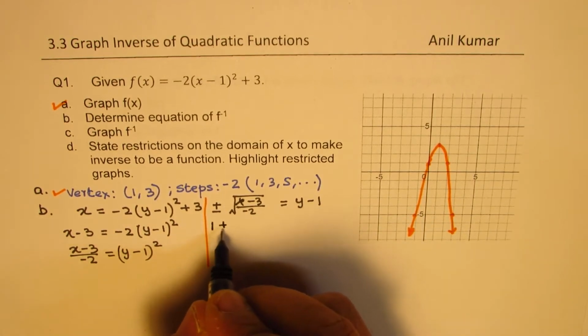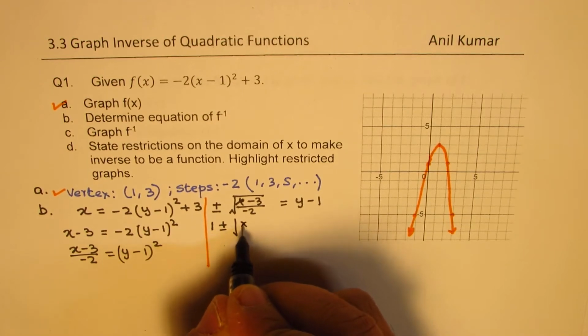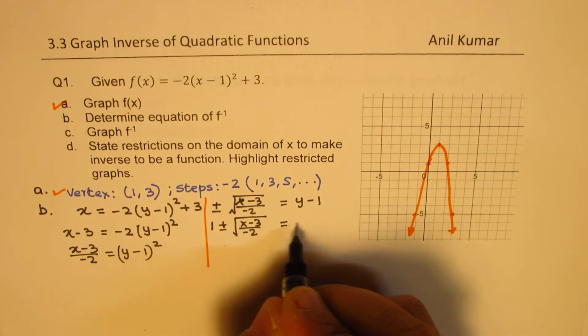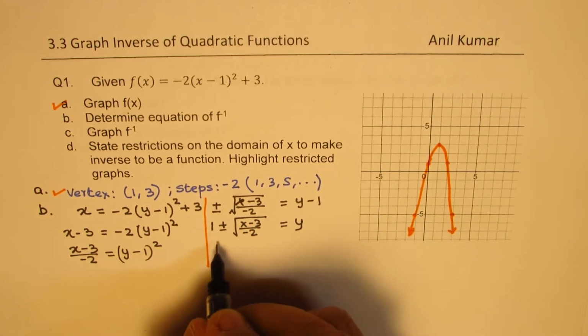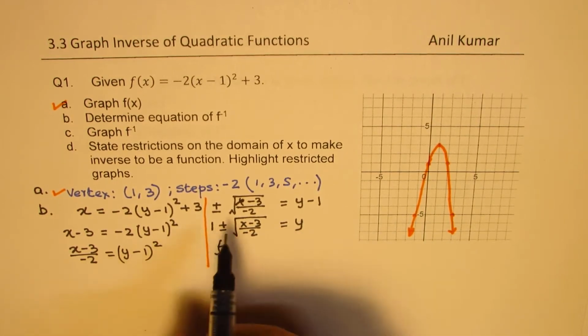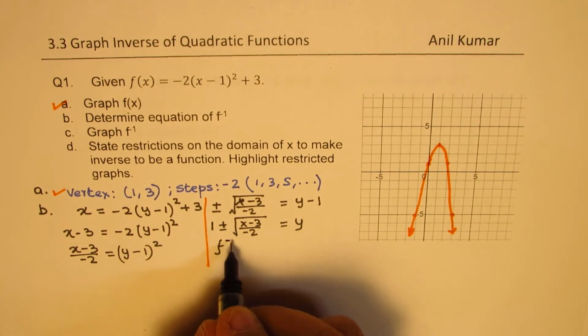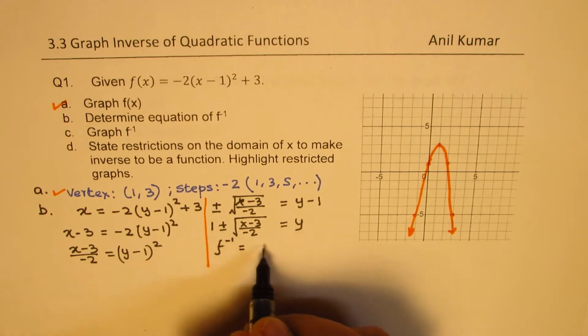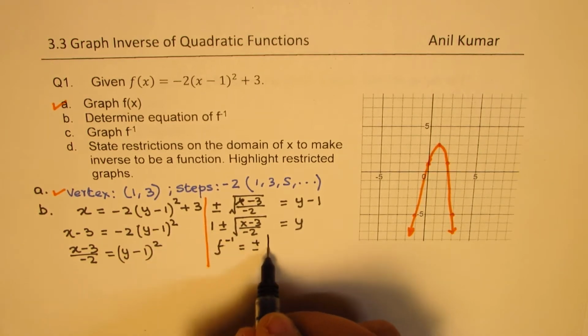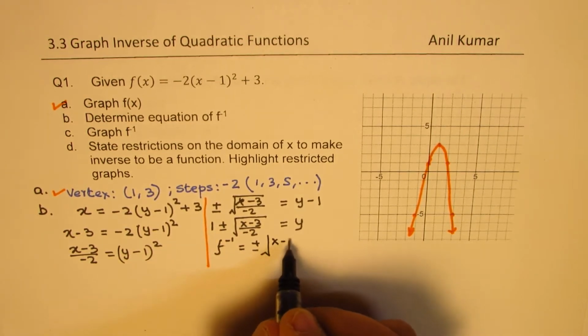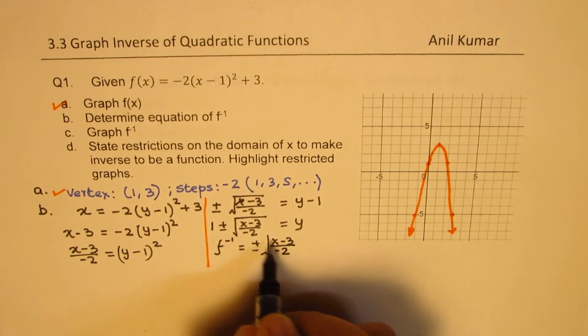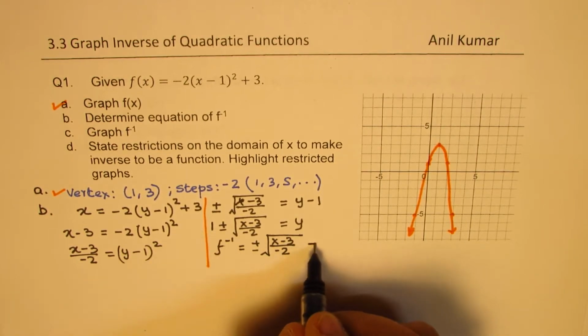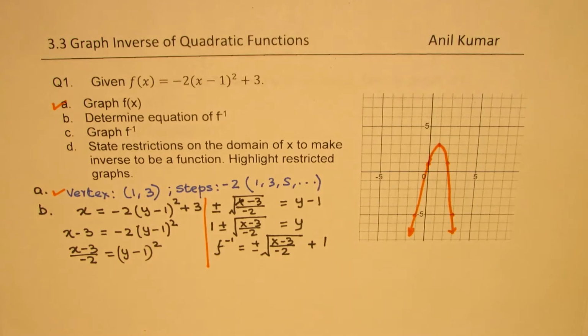So we get 1 plus minus square root of x minus 3 over minus 2 equals y. Now this is inverse. Definitely it is not a function. We have plus and minus value. So you can write f inverse is equal to, we are used to writing plus minus first, right? So we'll do it in standard way as you normally write. And we have this plus 1. So that becomes the inverse of this particular function.